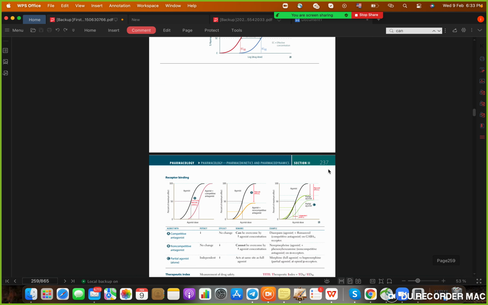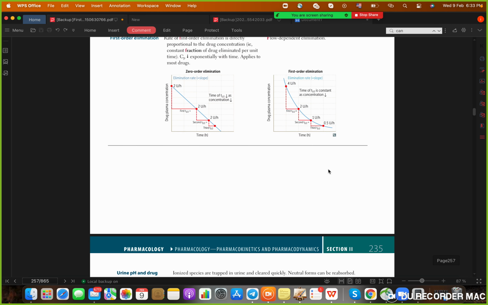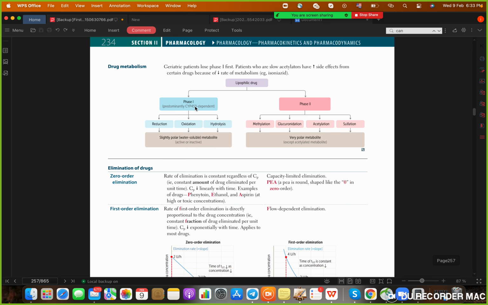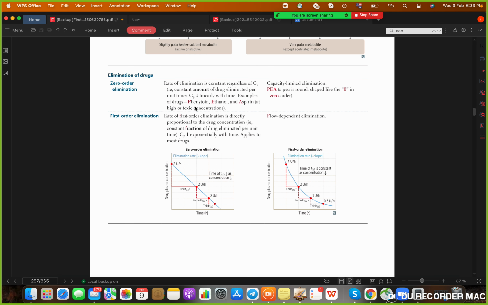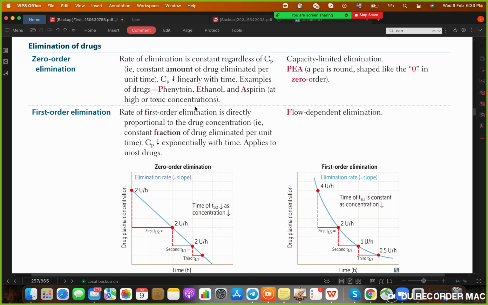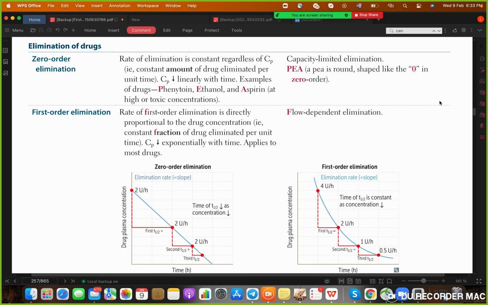So the next topic is about the elimination of the drug. We absorb the drug, we metabolize the drug, and now we have to eliminate it, get it out of the body. There are two ways of elimination. The first one is called zero-order kinetics, and the second one is called first-order kinetics. In zero-order kinetics, a constant amount will be lost.